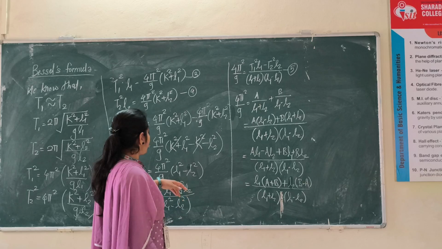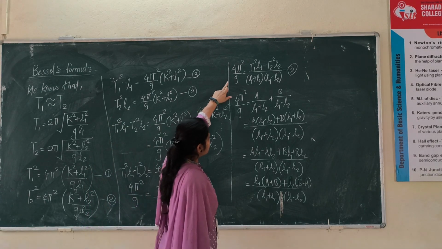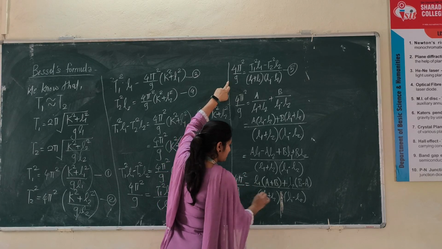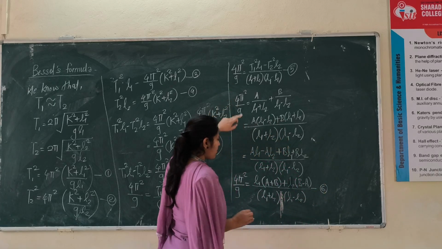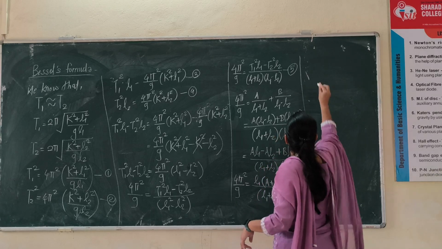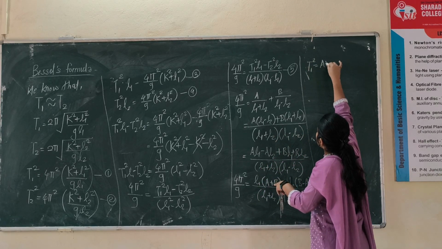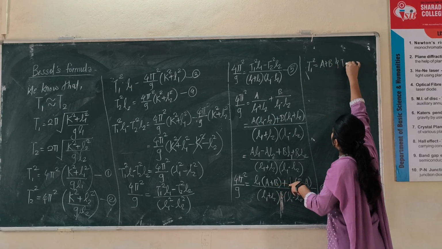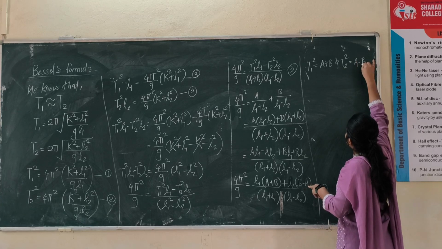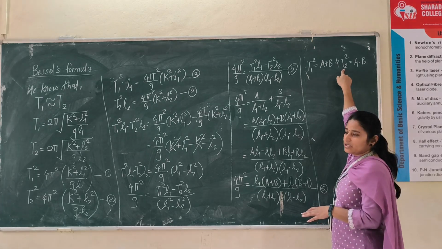Okay, so from equation 5 and equation 6, it is observed that the value of T1 square is equal to a plus b and the value of T2 square is equal to a minus b. That means comparing these two equations, we get T1 square and T2 square.